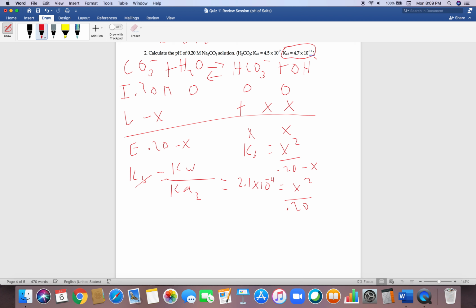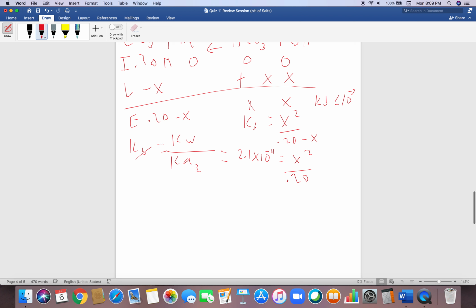And we can drop the X here because the Kb is less than 10 to the negative third, so we'll drop the X. When you solve for X, this is actually a hydroxide ion concentration, we get X to be 6.5 times 10 to the negative third molar.